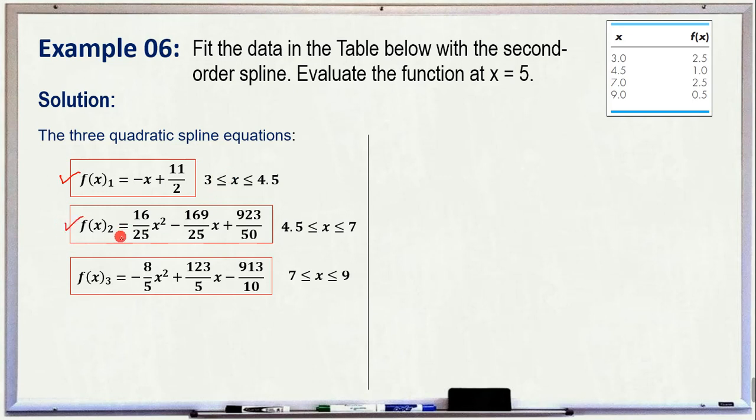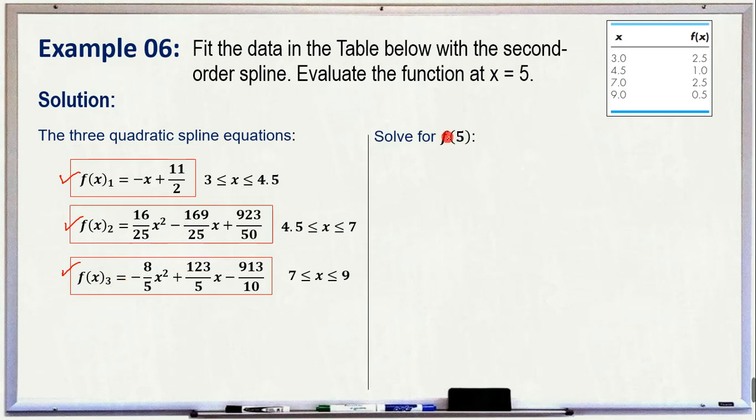And then the next one, this is the quadratic spline equation for our f of x2, and this one is for our f of x3. Now the next requirement is to evaluate the function at x equals 5.